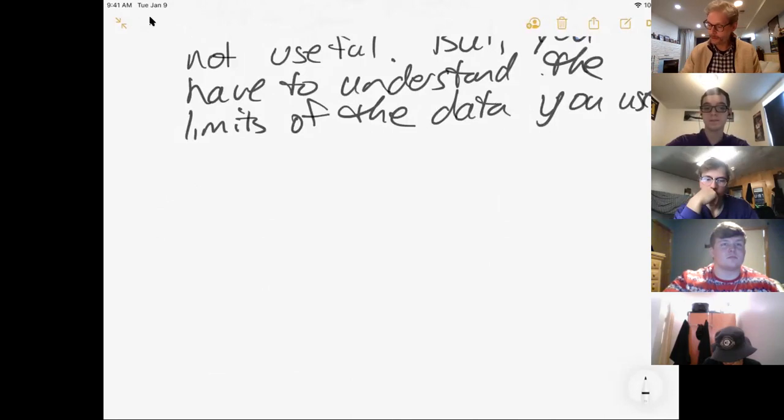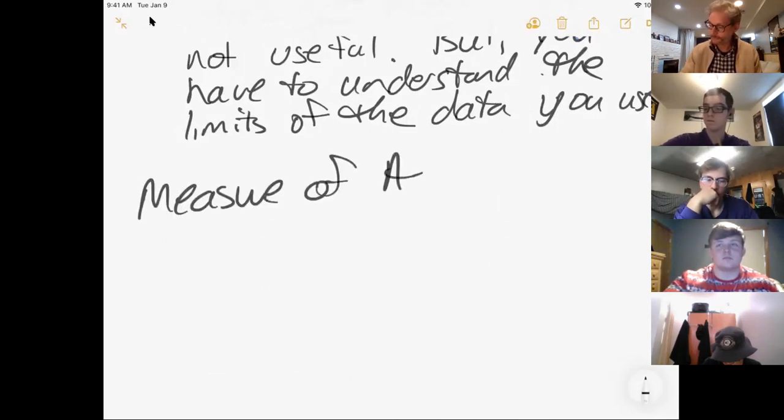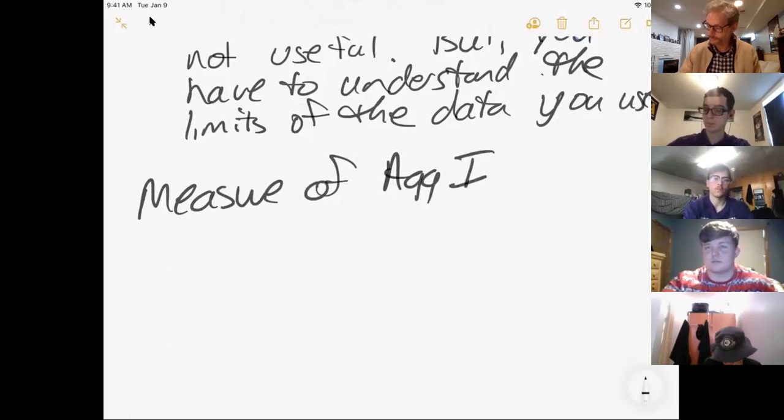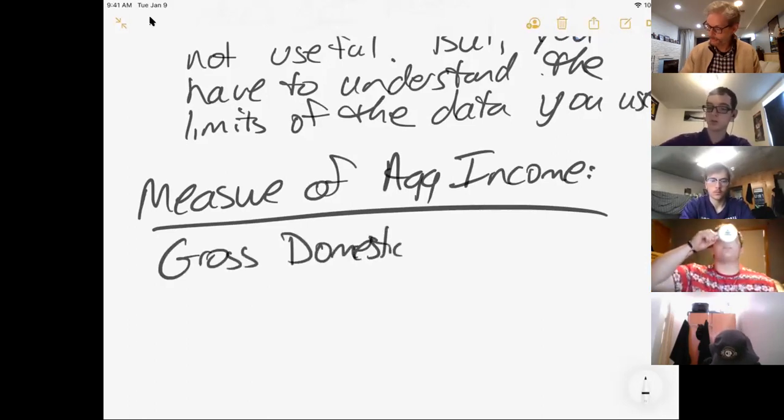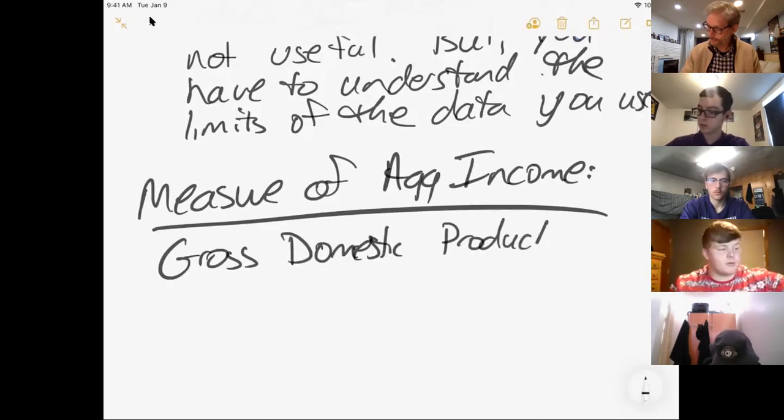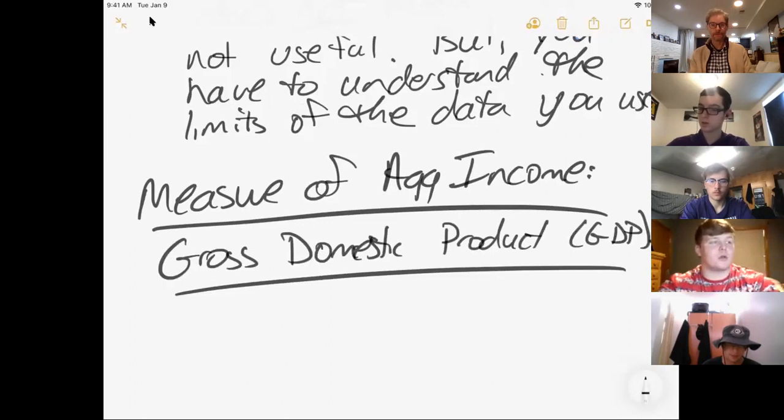So let's begin with our measure of aggregate income, and that is gross domestic product, otherwise known as GDP. You have probably heard of GDP, or at least had it mentioned.